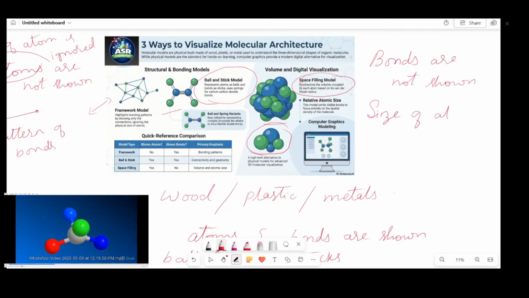Size of the atom is considered. And this mainly depends on the van der Waals radius.